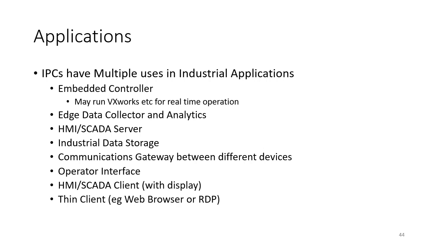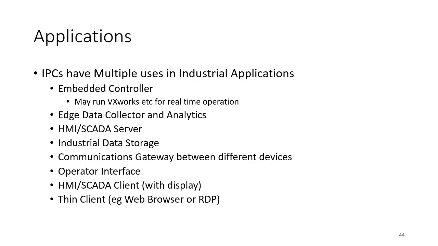For example, Profibus to Modbus TCP, or you might have serial to Ethernet and so on. Some of those have particular embedded applications or almost like appliance type applications, but with the low cost of some IPCs, you might use an industrial PC for that purpose.